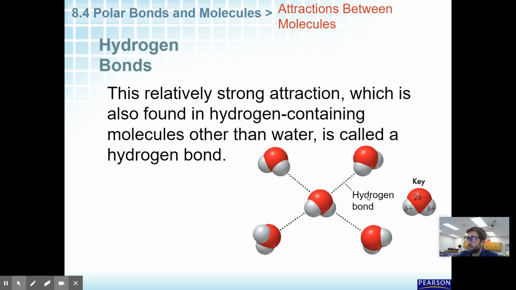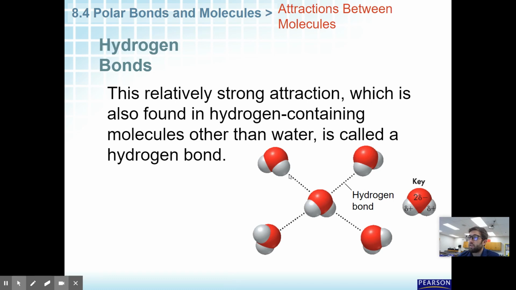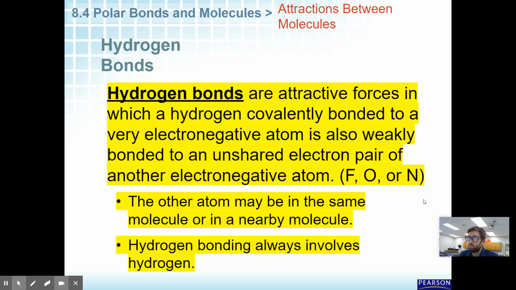A hydrogen bond can form between a hydrogen of one molecule and the oxygen of another molecule. Do you see that? The oxygens of these molecules are attracted to the hydrogens of the other molecules. Everywhere you see here, there's a dotted line from a red oxygen to a white hydrogen. There are lone pairs at the top of the oxygen, and that's what the hydrogens are attracted to.